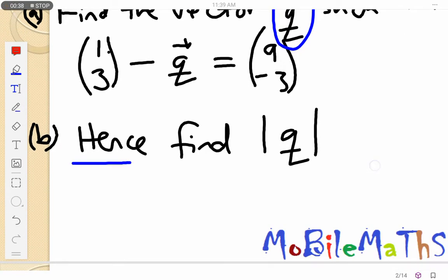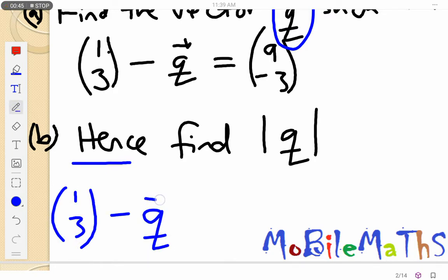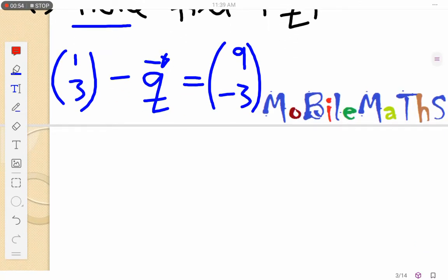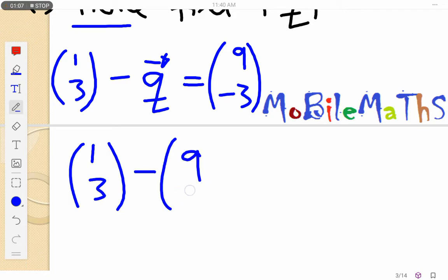For a, we have (1, 3) minus q is equal to (9, -3). What we do with such a vector question, we try to make q the subject of the formula. So I'm going to take q to the right, and the vector on the right to the left. So I can now have (1, 3) minus (9, -3) is equal to q.